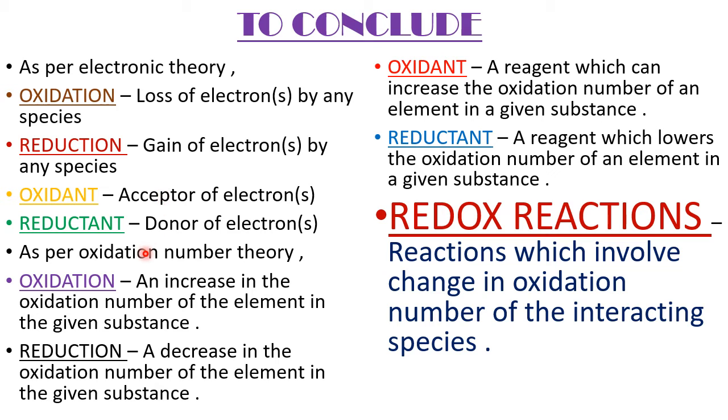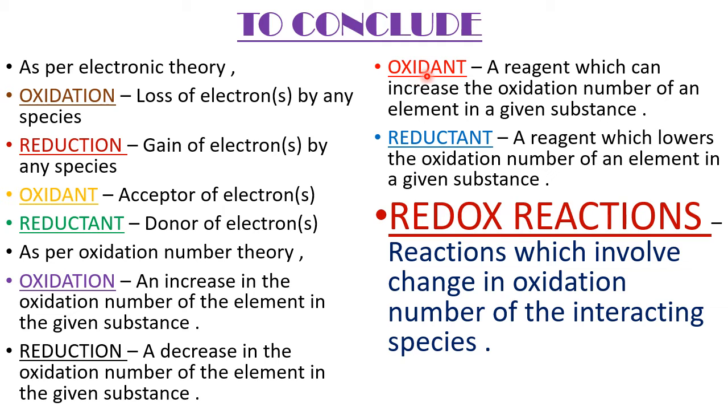As per the oxidation number theory, what is oxidation? Oxidation is an increase in the oxidation number of the element in the given substance, whereas reduction is a decrease in the oxidation number of the element in the given substance. Then what is meant by oxidant?